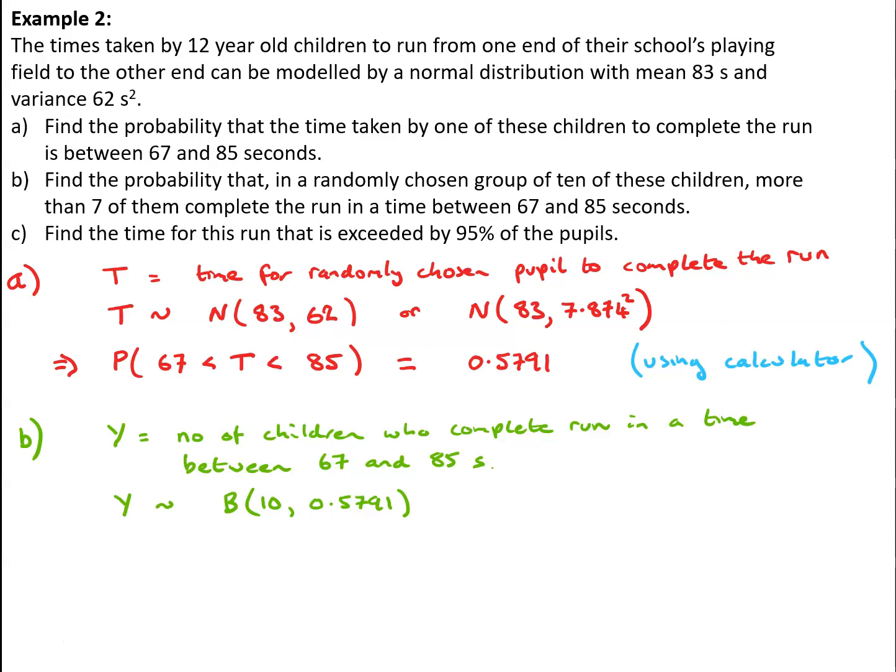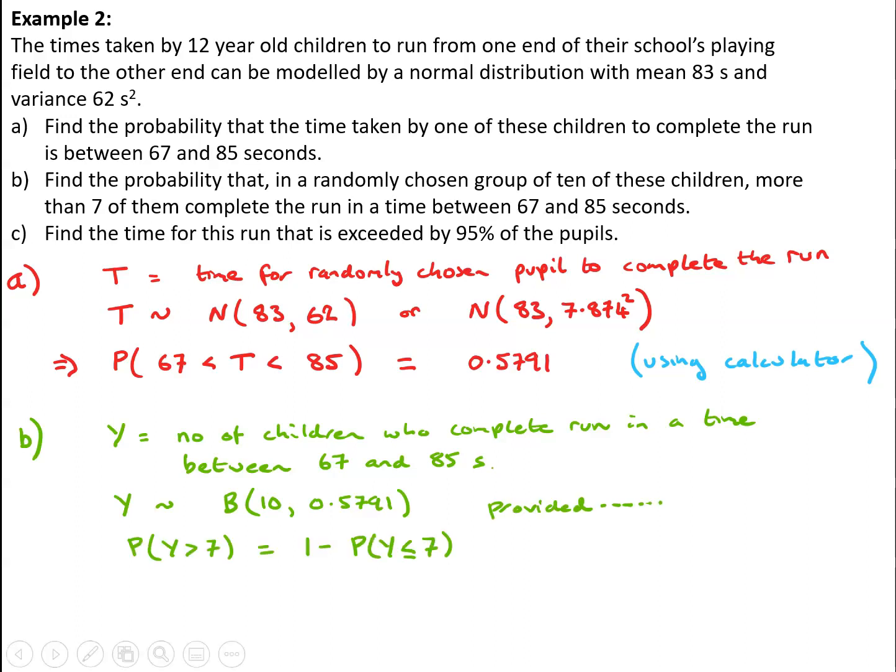We are assuming that the running times of these 10 children are independent of each other and that each of the children has got a probability of 0.5791 of completing the run in a time between 67 and 85 seconds.